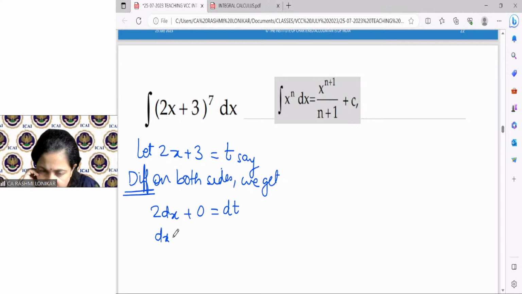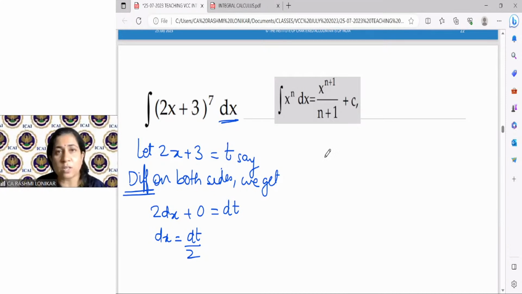So how much is dx equal to? Dx is equal to dt upon 2. Why have I done the differentiation? Because this value for dx I have to again substitute in terms of t.